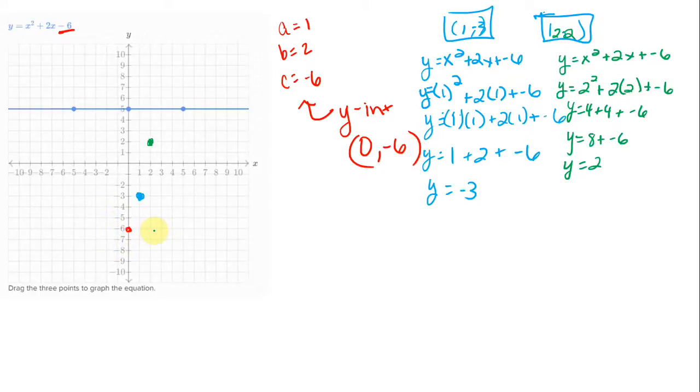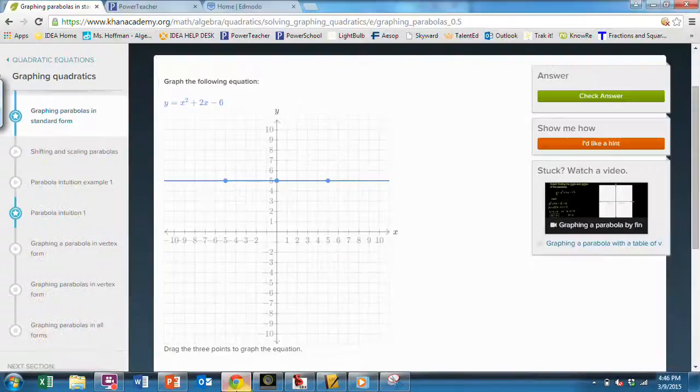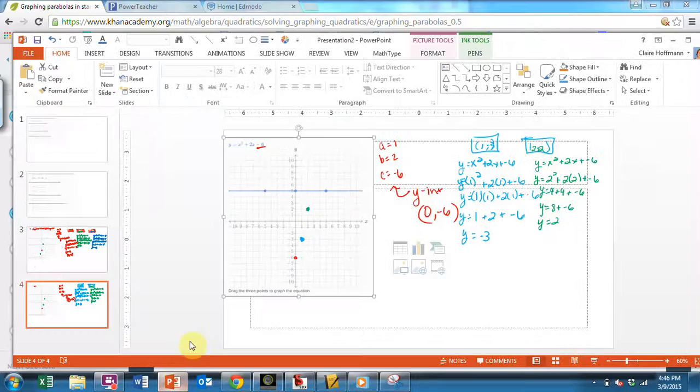And I'm going to go ahead and plot those 3 points onto my graph in Khan. The first point that I'm plotting is my y-intercept, which is 0, negative 6. And it doesn't matter which of these points I drag to that. My second point I said was 1, negative 3.